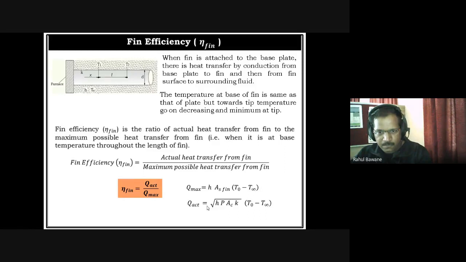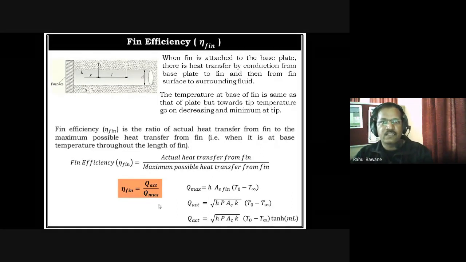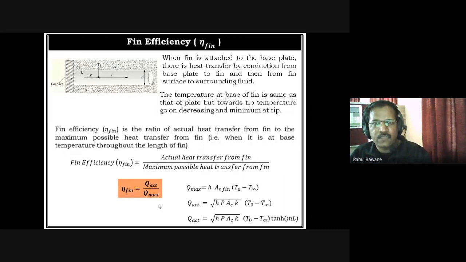For actual, we know these two formulas for long fin and insulated tip fin. For maximum, we must assume the whole fin is at base temperature. So remember, these two are different terms. Effectiveness only identifies whether addition of a fin is worthwhile or not. Efficiency gives the value of how efficiently that fin transfers heat with respect to the maximum possible condition.